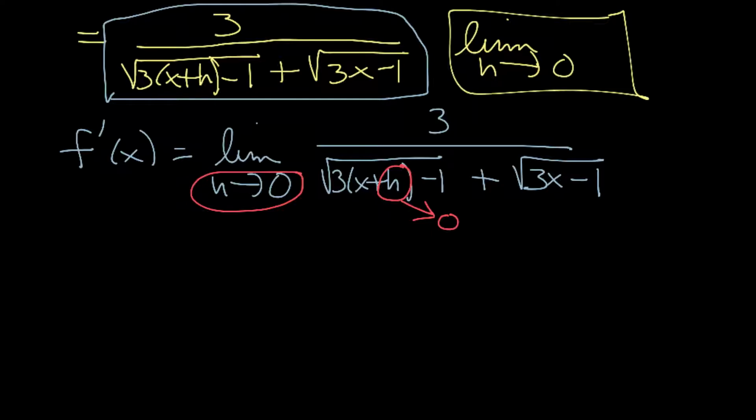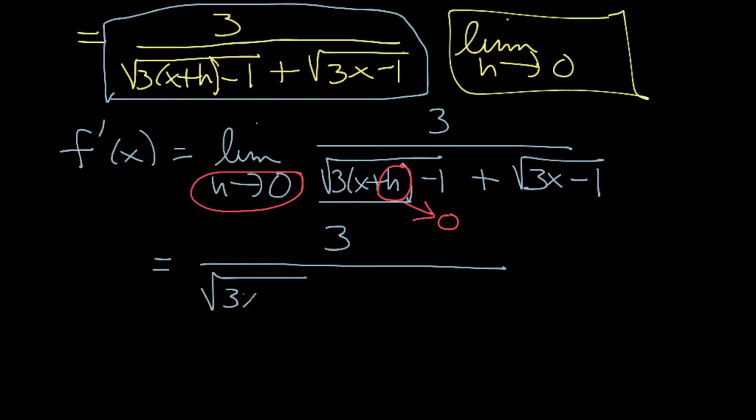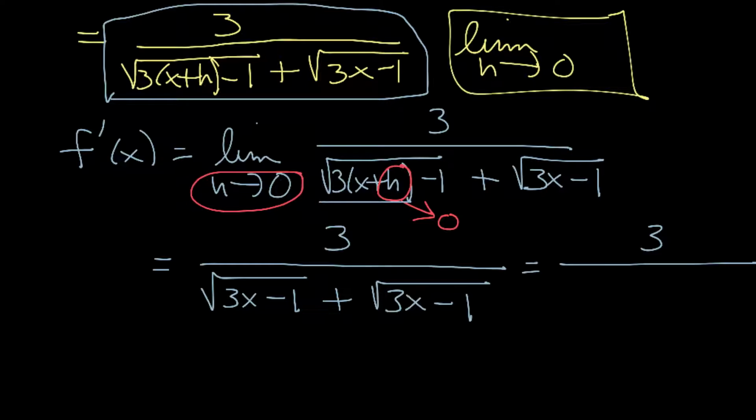We let that go to 0, and let's see what's left. All that's left is 3 divided by the square root of 3x minus 1 plus the square root of 3x minus 1, and that is 3 divided by 2 times the square root of 3x minus 1, because there are 2 of these.